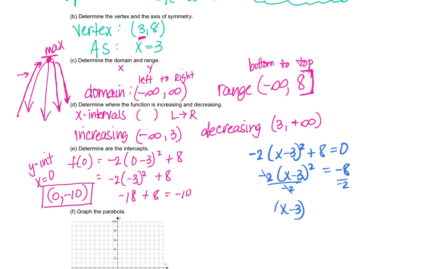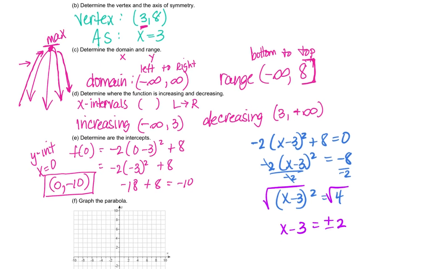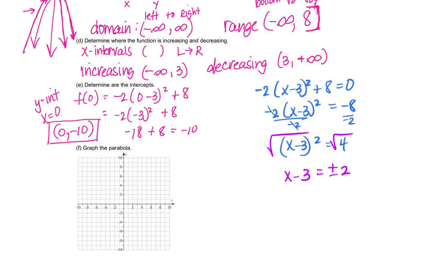(x minus 3) squared equals 4. And then I'm going to take the square root of both sides. x minus 3 equals plus or minus 2. So x is 3 plus 2 or 3 minus 2, because it's plus or minus 2. So that is 5 or 1.